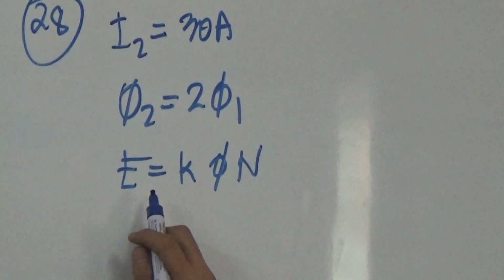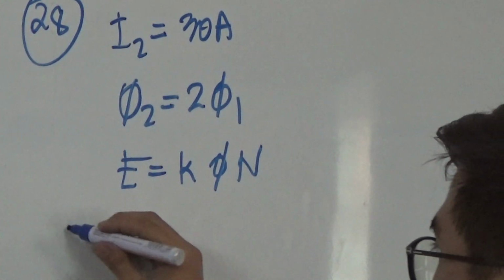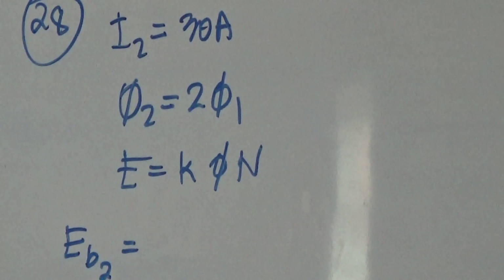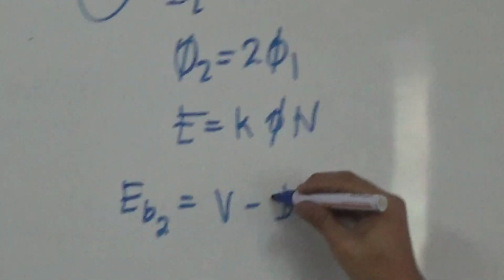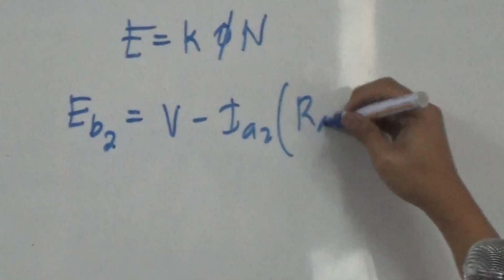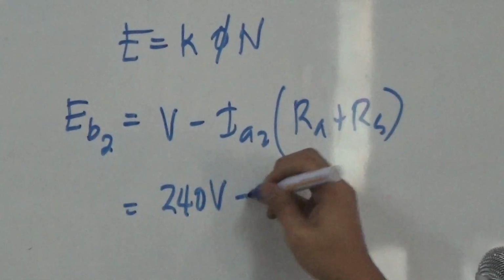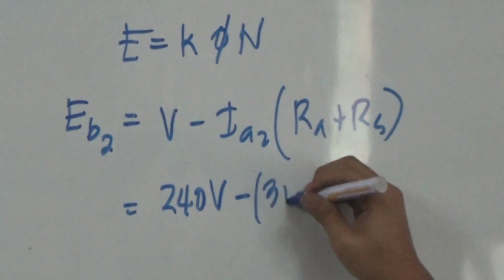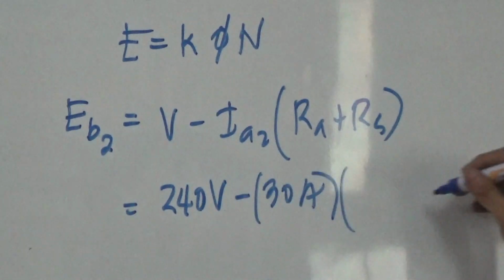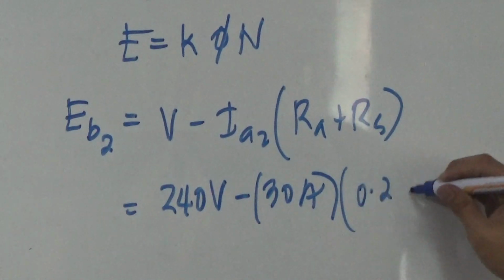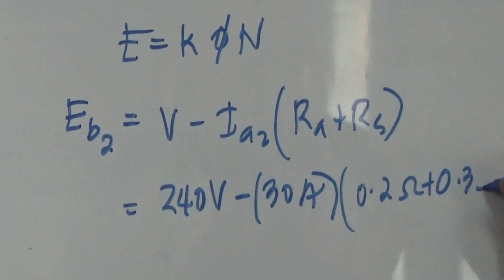Increase to 30 amps. So kunin muna natin yung back EMF ng pangalawang condition. That will be V minus IA2 times RA plus RS. So 240 volts minus 30 amps multiplied by 0.2 ohms plus 0.3 ohms.